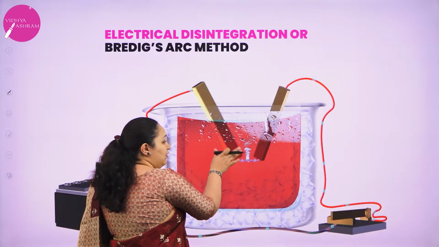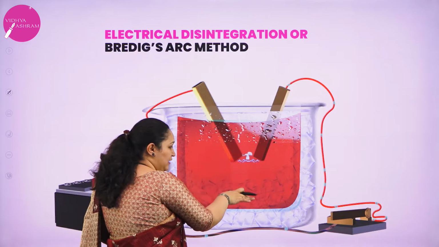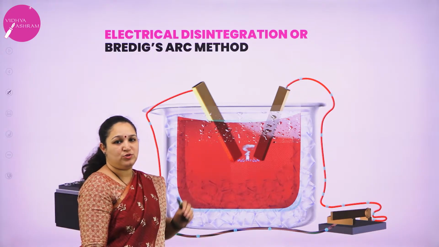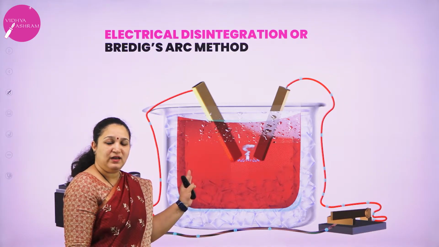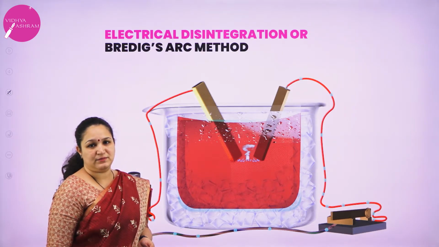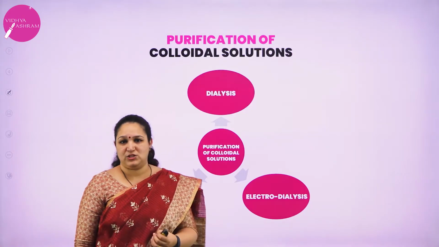The metal particles vaporize and immediately get condensed to form the colloidal solution. So the metal sol is prepared in this manner using the Bredig arc method. So these are the three methods of preparation.